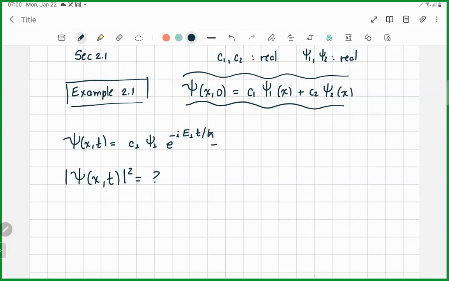So this I did for the 1, and now for psi2 I have exponential minus i E2 t over h bar. Okay, we are done. You see, it's simple.